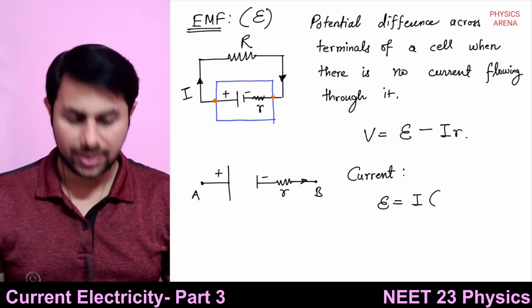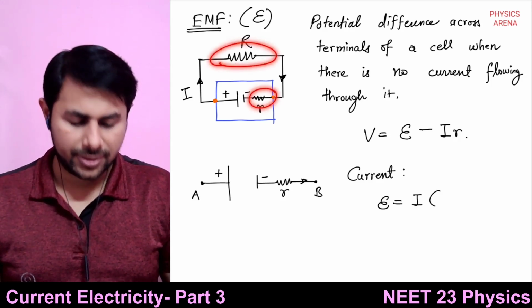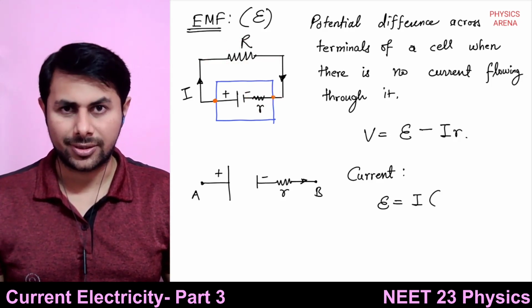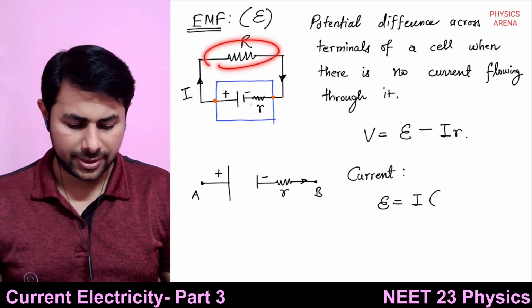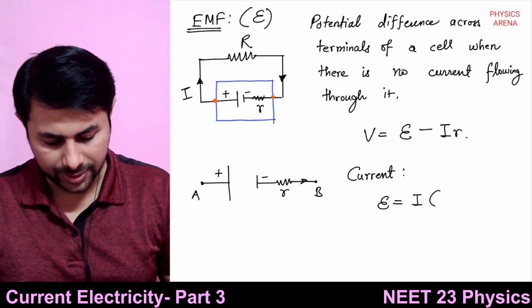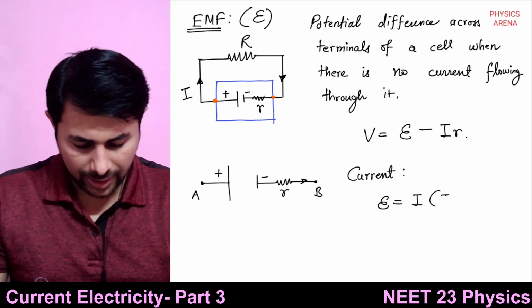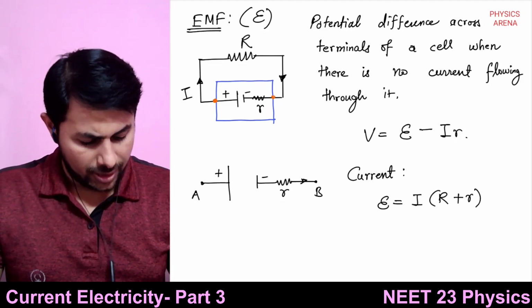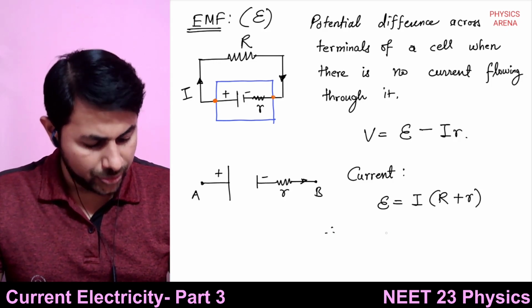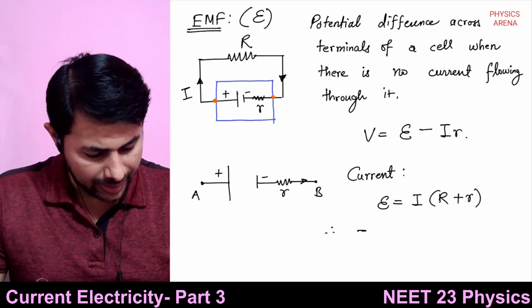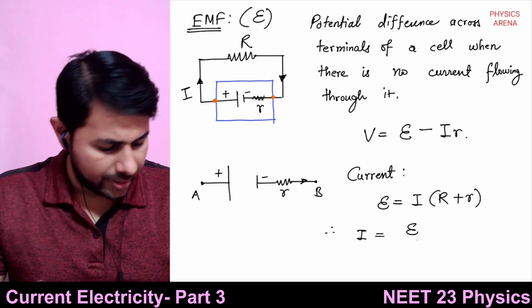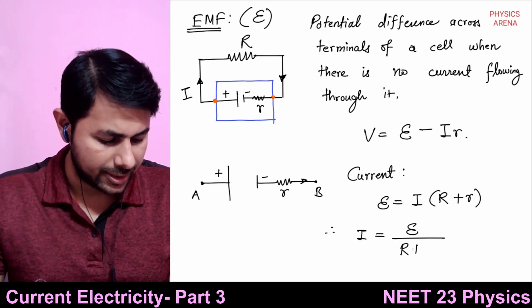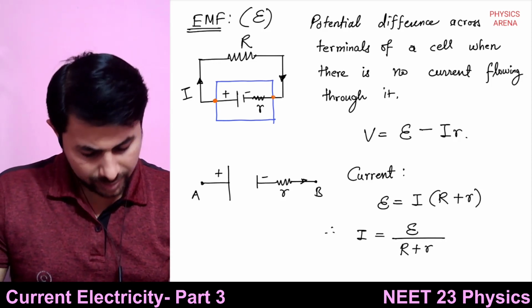What is that equivalent resistance? The external resistance plus the internal resistance, R plus small r. Therefore I is equal to EMF divided by the total resistance R plus small r.